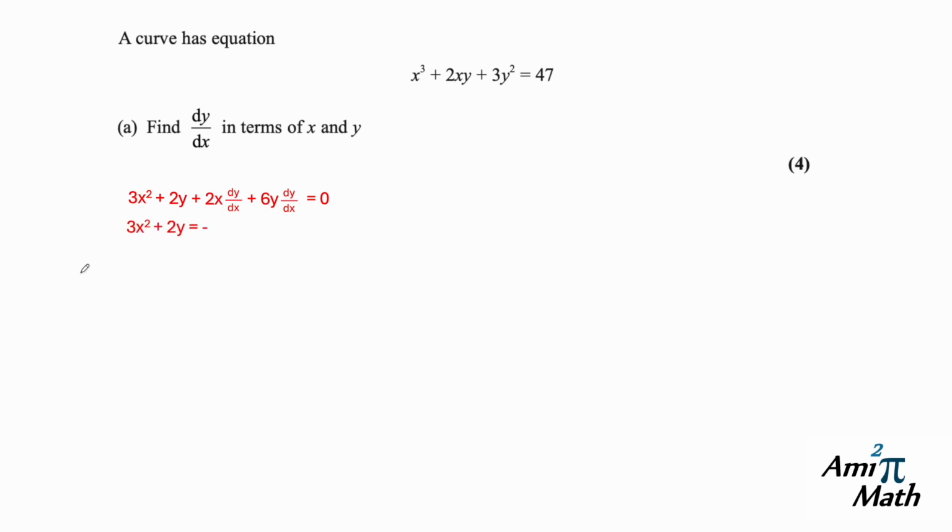So we do 3x^2 + 2y equals -2x - 6y, multiplied by dy/dx. And then we can just factorize this. To get dy/dx on its own, we do (3x^2 + 2y) over (-2x - 6y). And this is the answer.